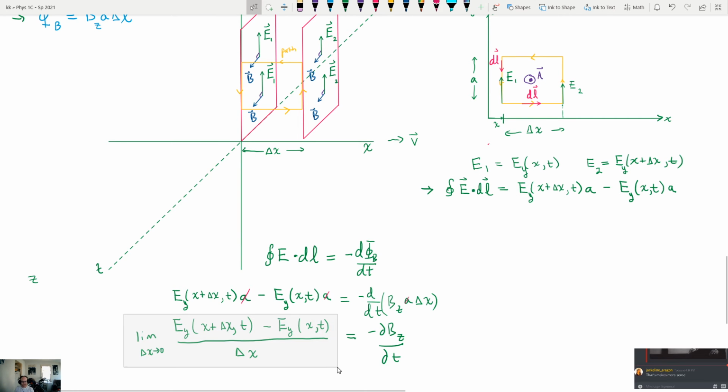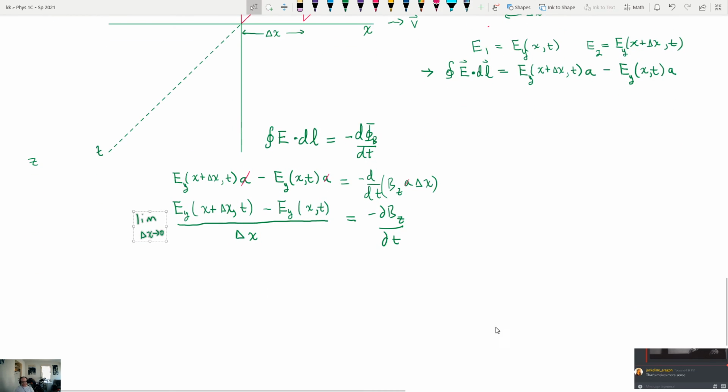This is the definition of what a derivative is. A function evaluated at some point x plus delta x, and a function evaluated at a point x. You take the difference of those, you divide by delta x, and then you take the limit as delta x approaches 0. All of this thing on the left-hand side is also known as the partial derivative of EY with respect to x. And this is equal to the negative of del Bz del t.